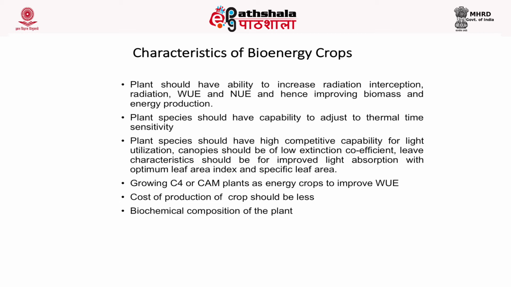Growing C4 and CAM plants as energy crops improves water use efficiency. The cost of production of the crop should be less. The biochemical composition of the plant is also an important characteristic.